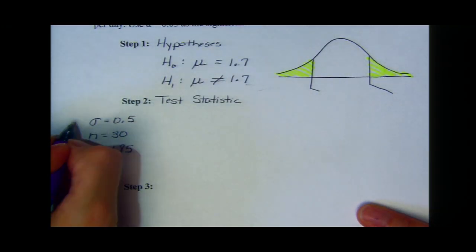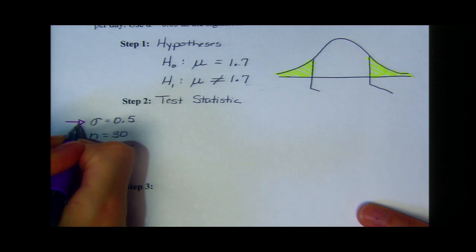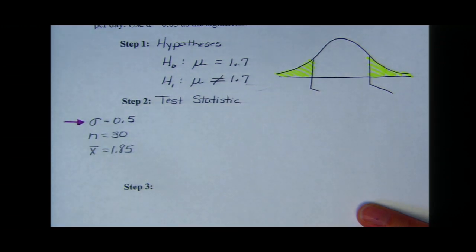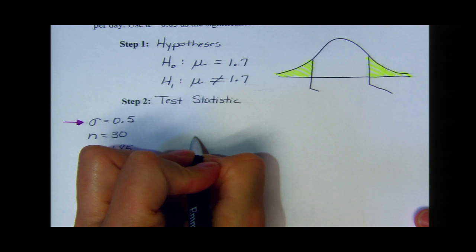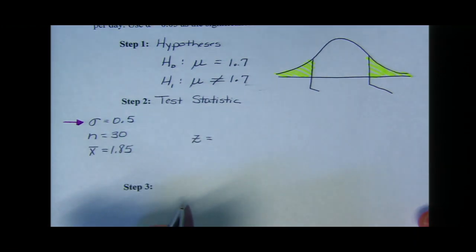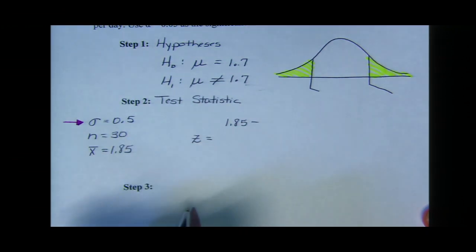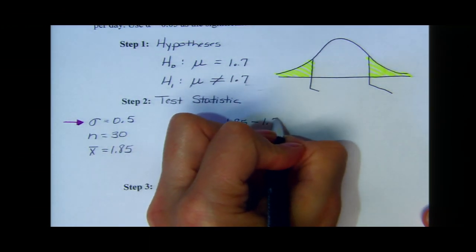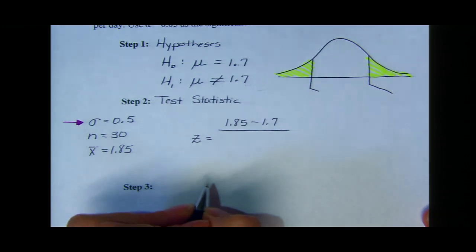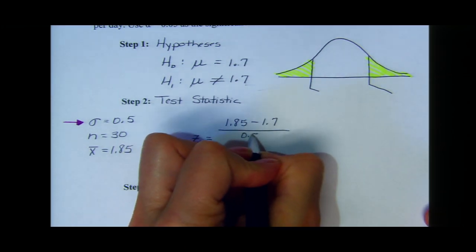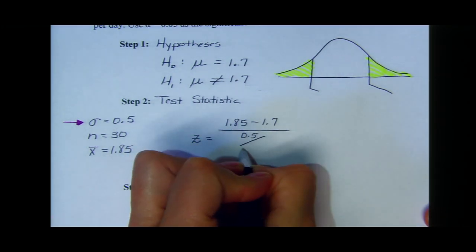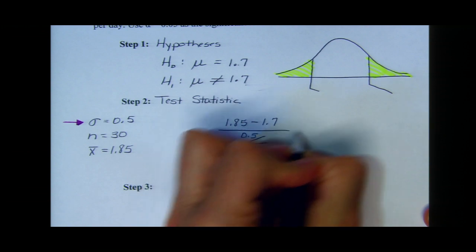Now, because the population standard deviation is known, we know that we're calculating a z-value. And it is x bar, 1.85, minus mu, 1.7, divided by sigma, 0.5, divided by the square root of n, 30.